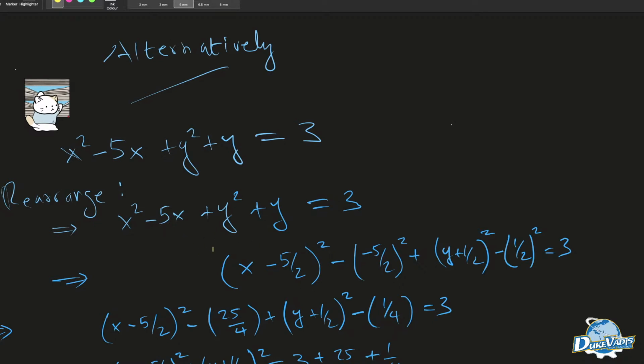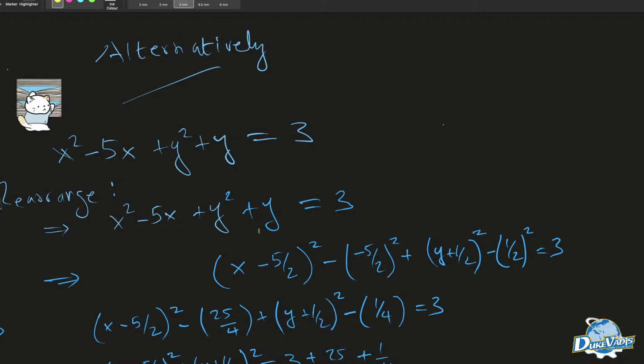Then we subtract 5 over 2 squared, which is this. Then also we tackle the y. The coefficient of y is what? 1. So 1 here is normally not written. 1 divided by 2 will be half. So y plus half, then minus half squared is equal to 3, as we haven't changed anything.